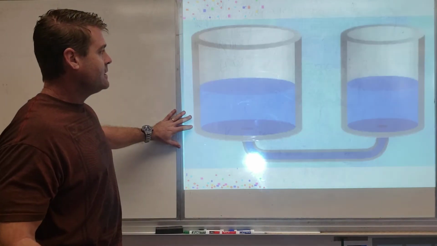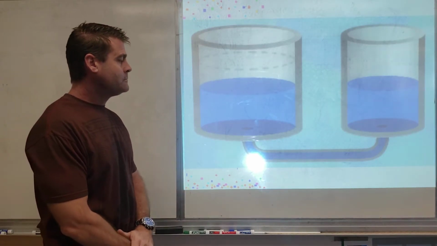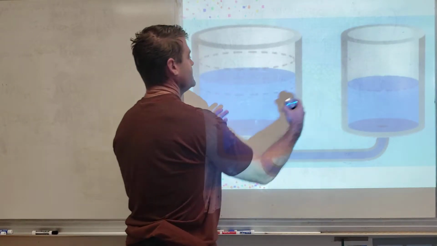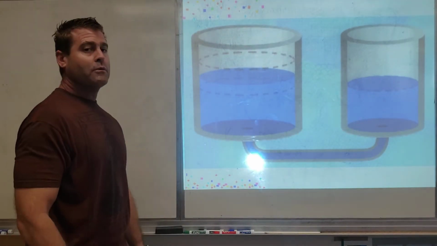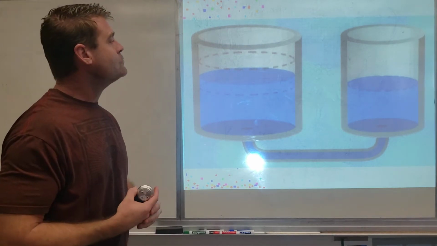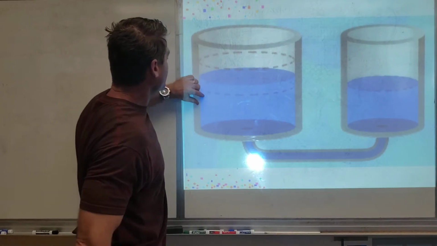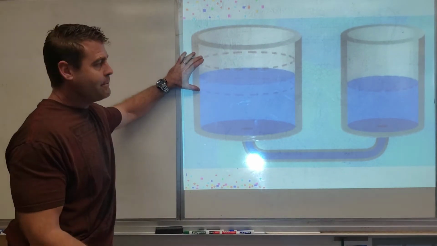So we'll show you a little example here. When water is added to the tank. So just imagine, okay? So we have these two containers of water at equilibrium. So then what we're going to do is disturb the equilibrium by adding more water. And just look at the system. What do you guys think is going to happen when we add more water here?